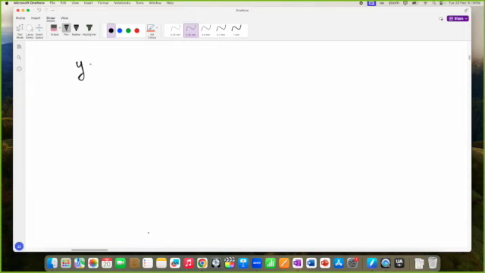Now, y is equal to x plus 1 and y is equal to minus x plus 5. I could still recognize that the coefficient of x is 1 and the coefficient of this x is minus 1.